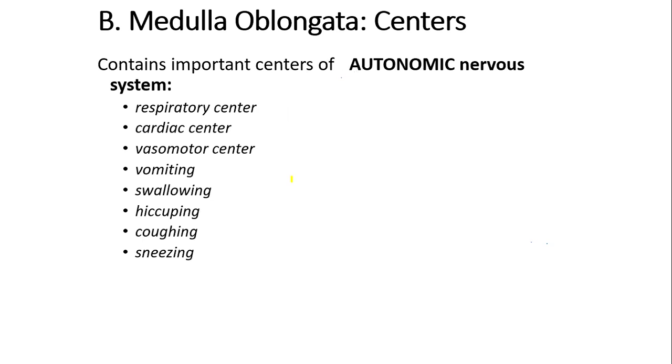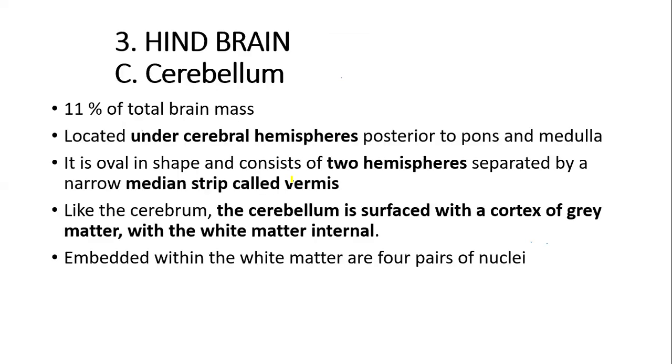It contains important centers of the autonomic nervous system: the respiratory center for breathing, the cardiac center for heartbeat, and the vasomotor center for blood vessels. Then there's vomiting, swallowing, hiccuping, coughing, and sneezing.